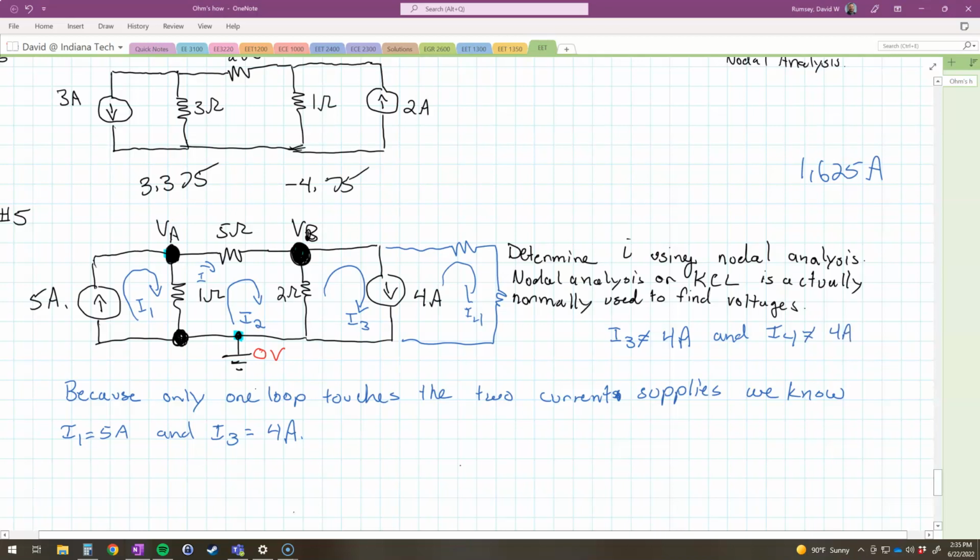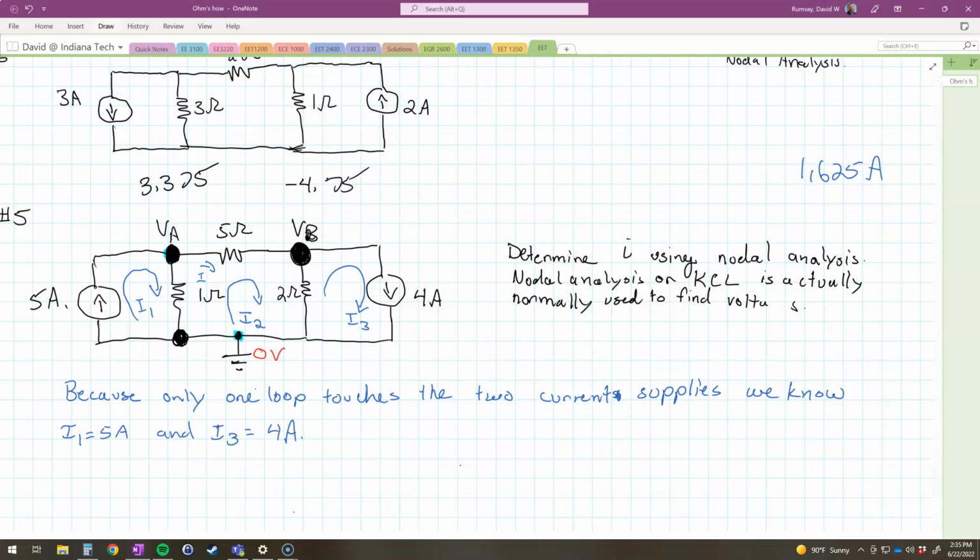You have to look at the direction. Well, I3 is going in the direction of the 4 amps. I4 is going in the opposite direction of the 4 amps. So it would actually be I3 minus I4 is equal to 4 amps in that case. So you can't just automatically assume that that works all the time. So you do have to pay attention to that. The idea is always knowing whether you're touching one loop or not. Okay, so we're touching one loop.